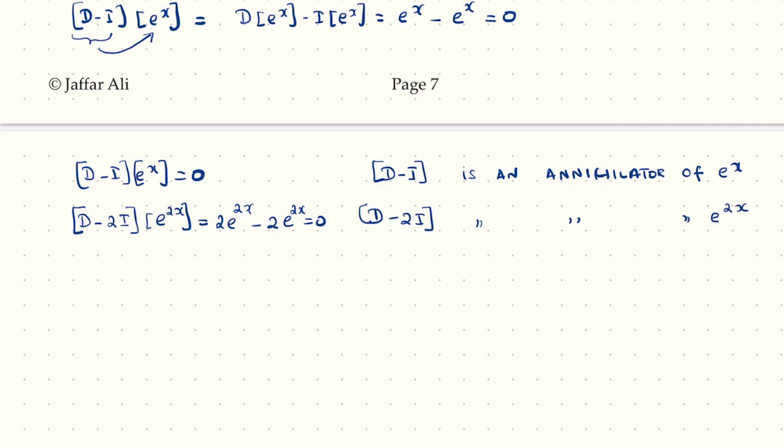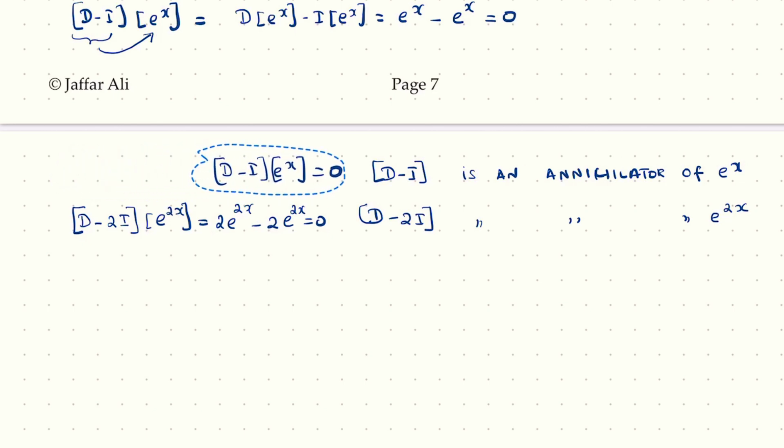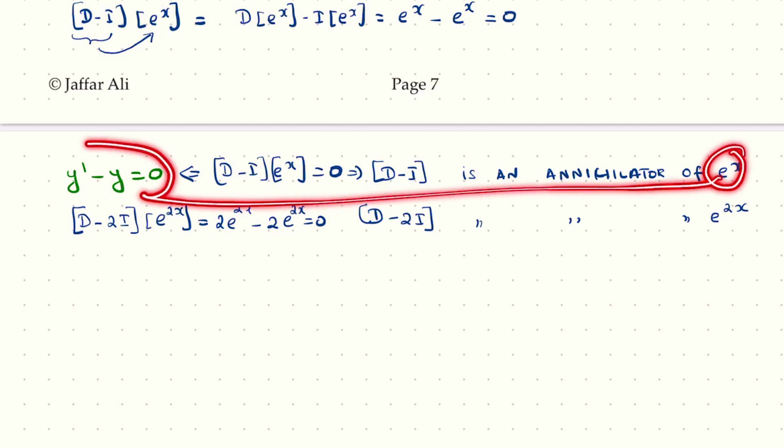As a matter of fact, ladies and gentlemen, what is the corresponding differential equation of this? The corresponding differential equation, in the operator form, is y prime minus y is equal to 0. As you know, e to the x is a solution to this differential equation.